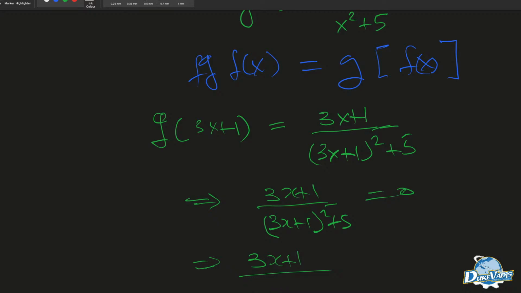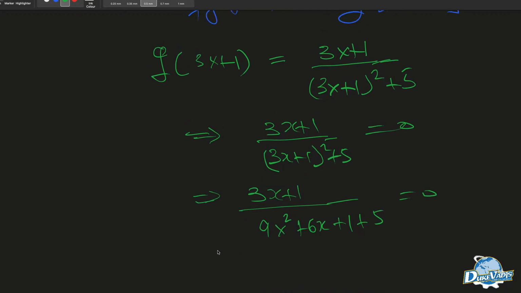We are going to get 9x squared plus 6x plus 1, plus 5 is equal to 0.